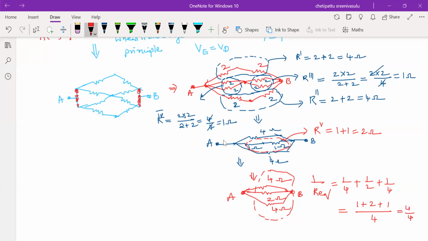This is 4 upon 4. It will be 1. So 1 by R equivalent equals 1. Now R equivalent across AB equals 1 ohm. This is the resultant across AB.